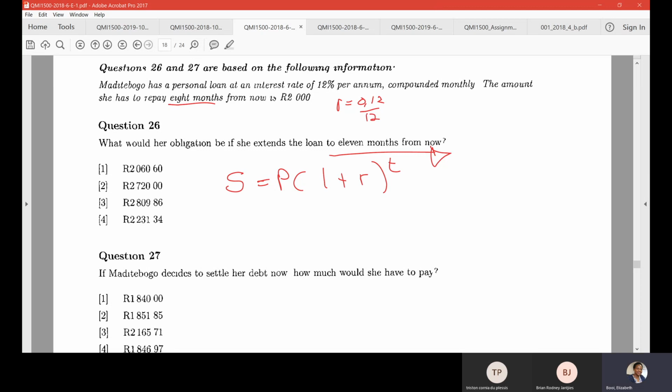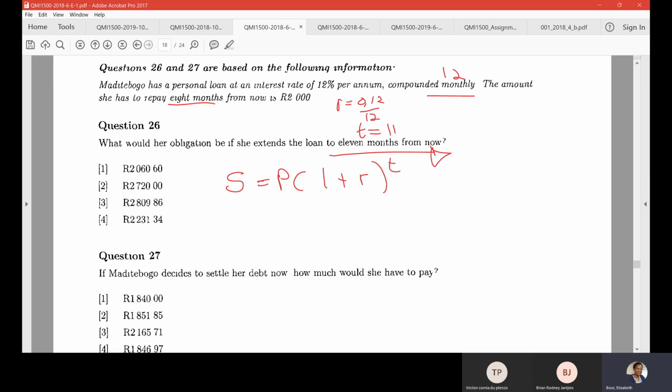Your compounding periods are monthly, so there are 12. Your N now changes to be 11 months. Sorry, your T, not N. Let's use T because I gave you a formula with T.